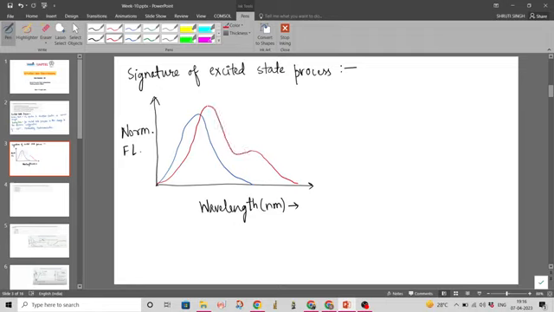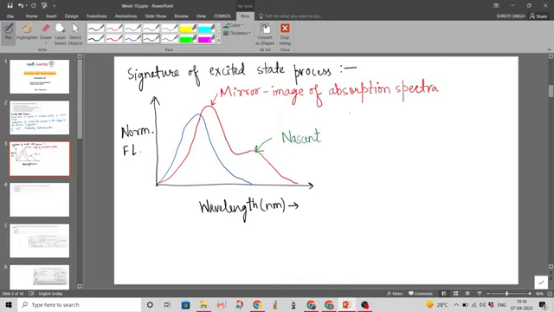We will get two peaks. This peak will be from the mirror image of absorption, and this new peak, which is not there in the absorption but comes in the emission, is of the nascent state, the new state to which the excited state process happens.